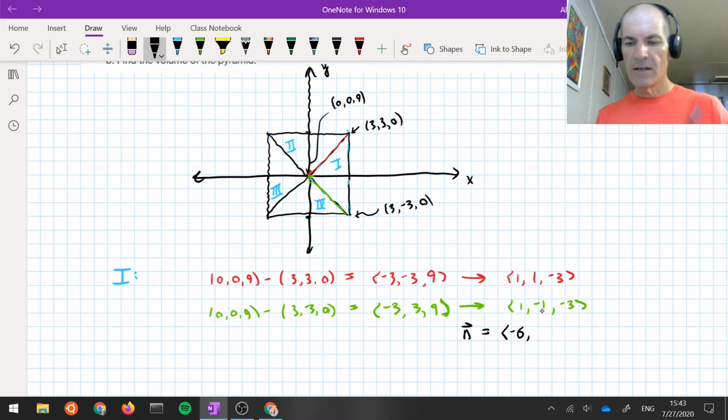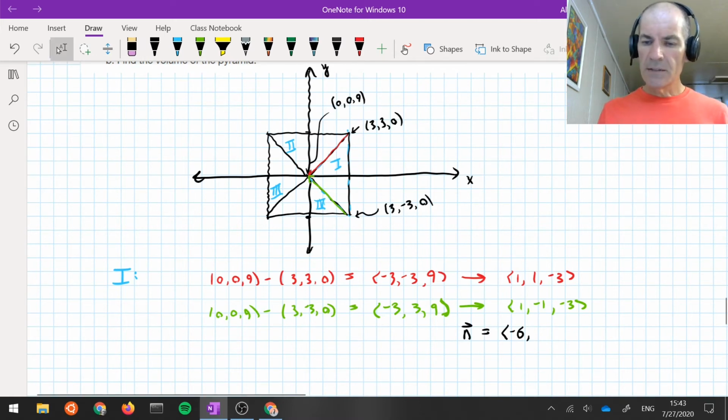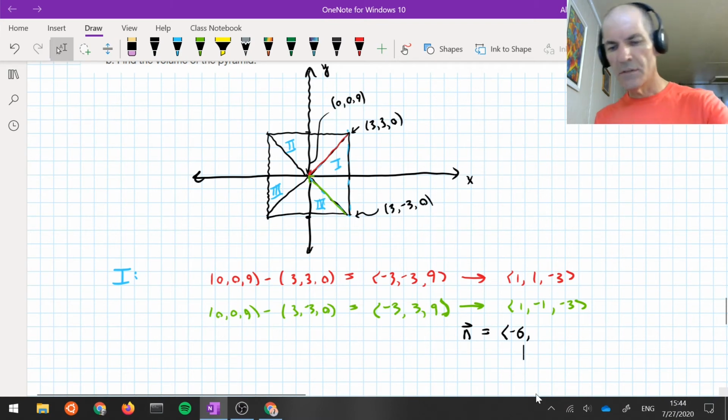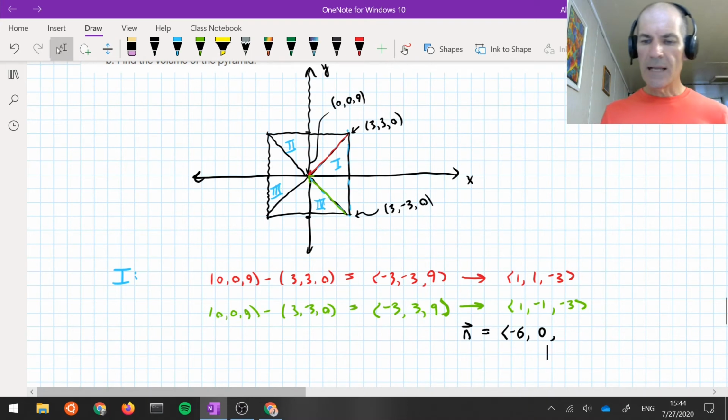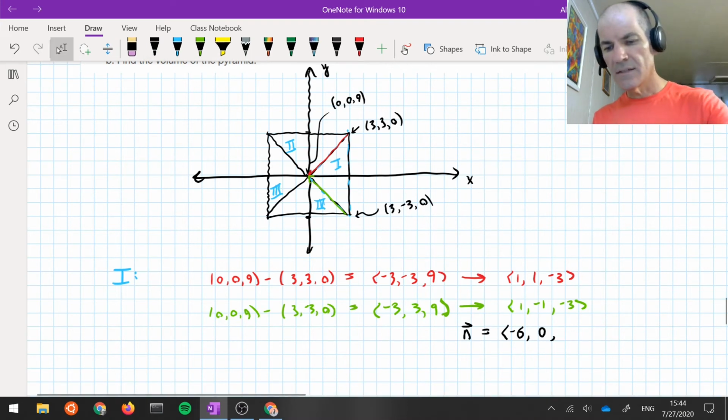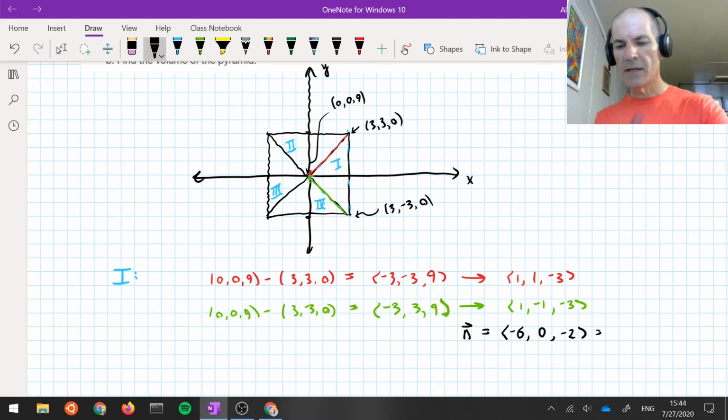And I'll move on to the middle here. We get negative 3 minus negative 3, that's going to be 0. And last, we get negative 1 minus 1, that's negative 2. And we can simplify this a little bit by dividing by negative 2. We get 3, 0, 1.